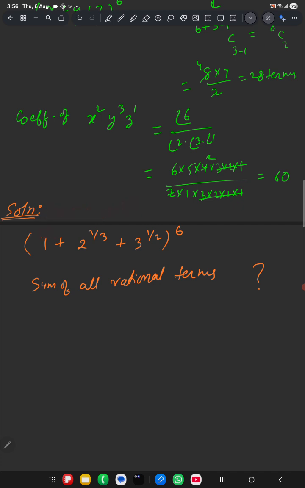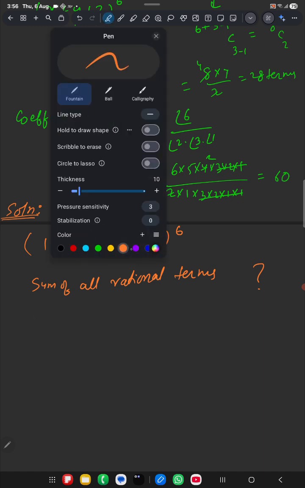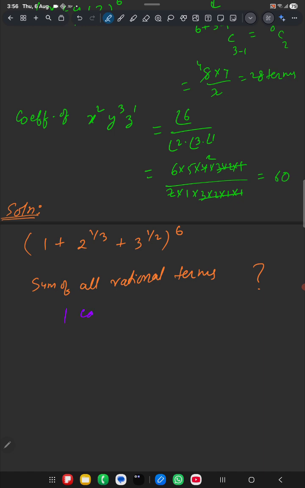Now for that, in a rough way we can see that 1 can be raised to any power from 0, 1, 2, 3, 4, 5, 6, and 2 to the power 1 by 3 can be raised to what powers? 0 or 3 or 6, and with the same logic 3 to the power 1 by 2 can be given 0, 2, 4 and 6.